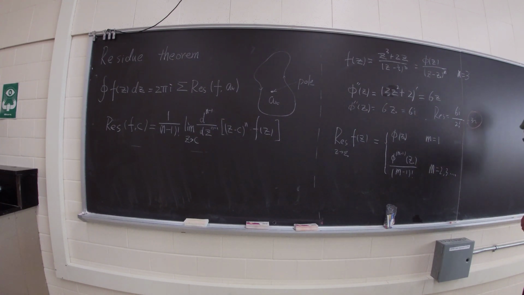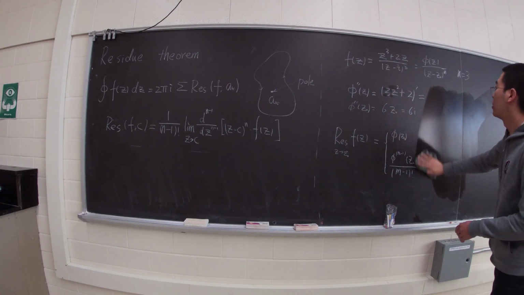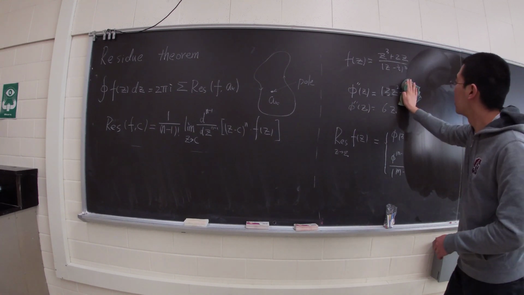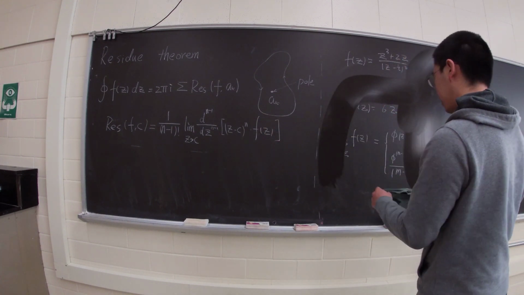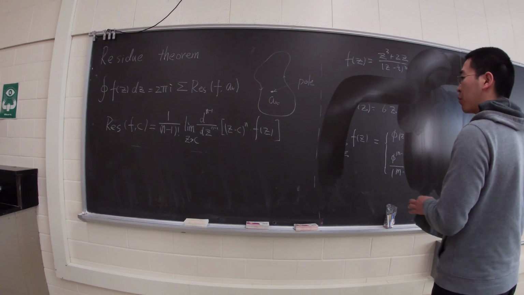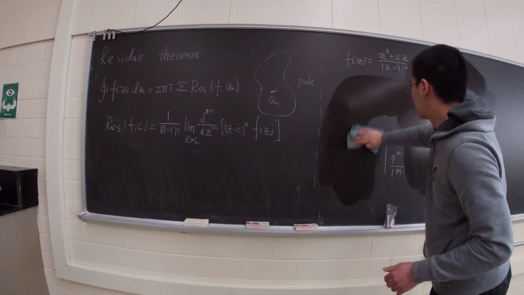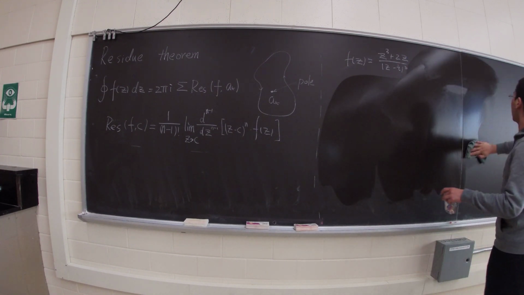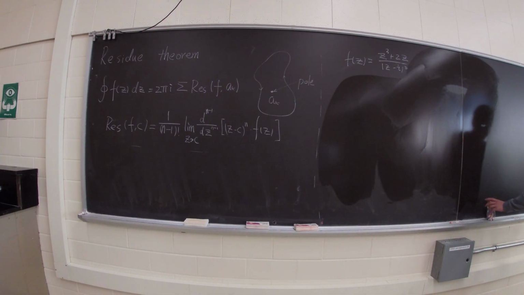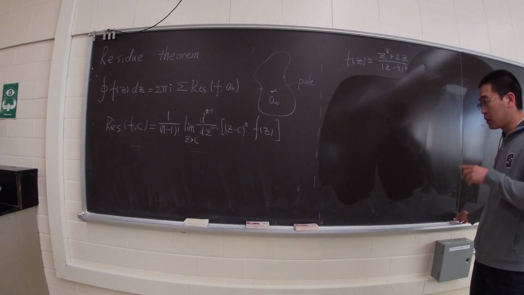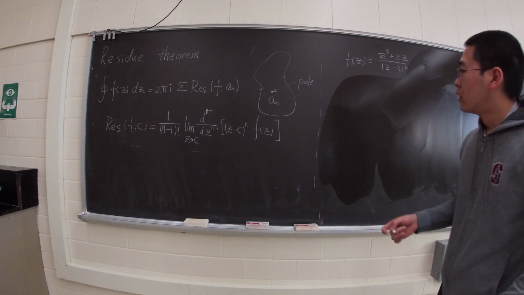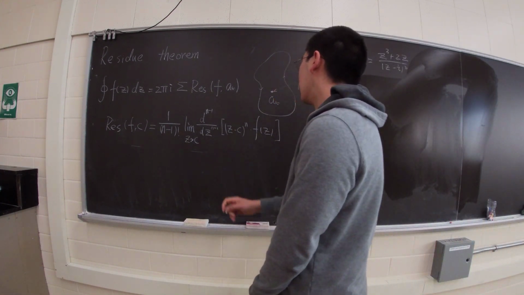Okay, let's do the same function using this formula. This formula is in a way more general, as long as you know the function has a pole of nth order.